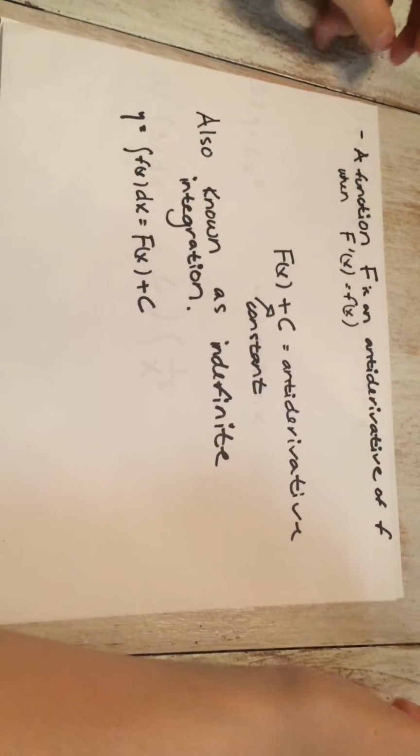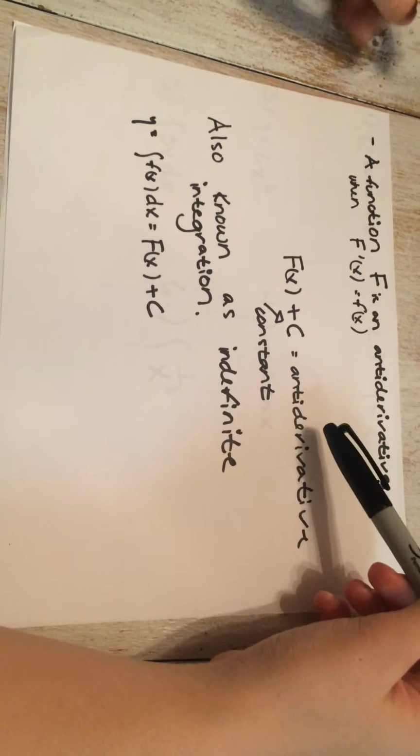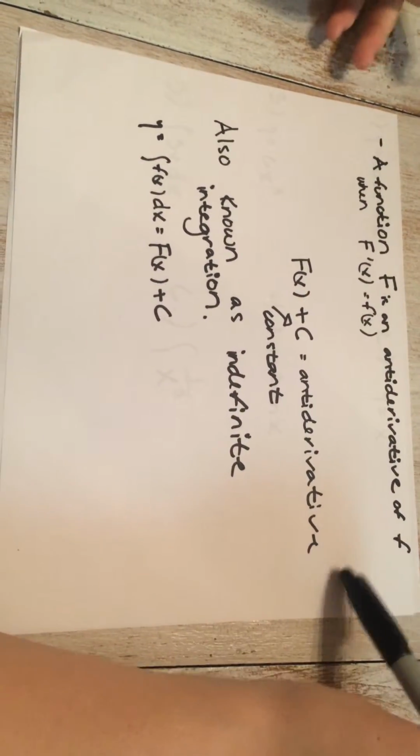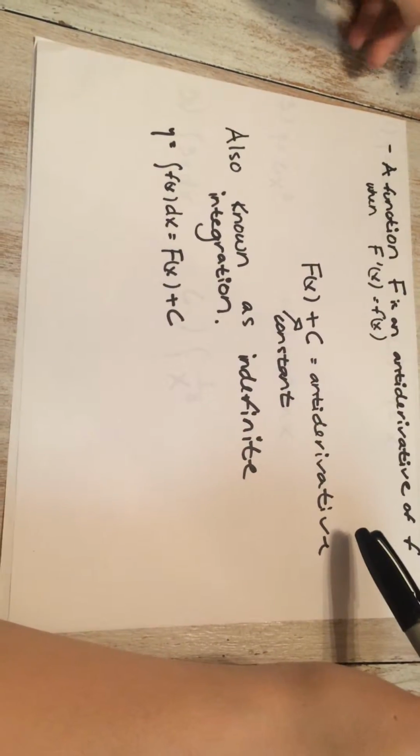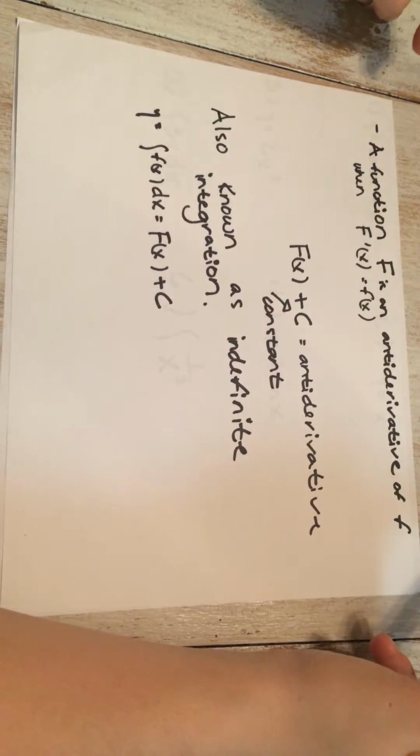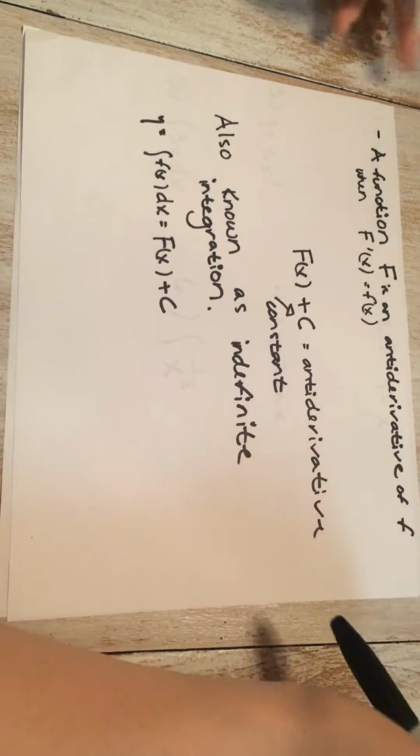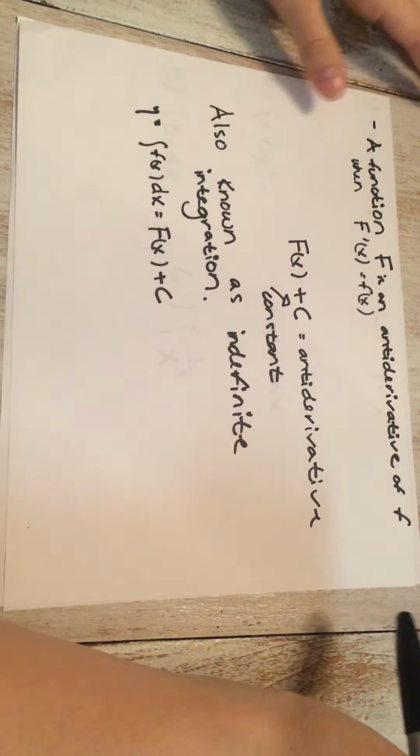So all that means is you're stepping back a step. Instead of taking the derivative, you're taking the antiderivative. So you're trying to find what that equation would have been previous to taking the derivative of it.